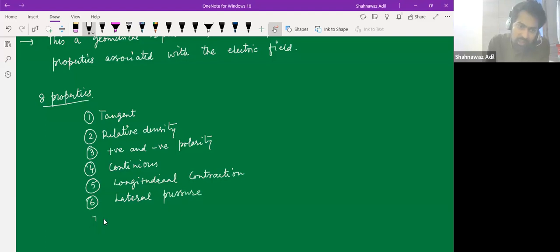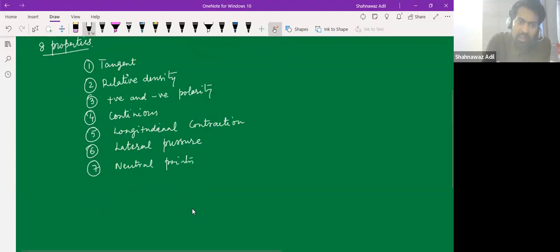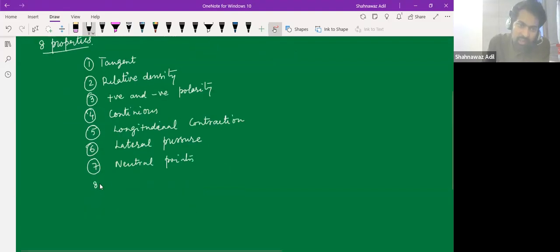Seventh one is the neutral points. And eighth one is conductor.